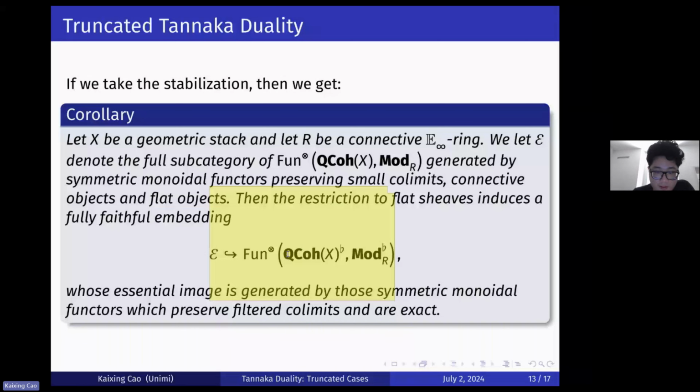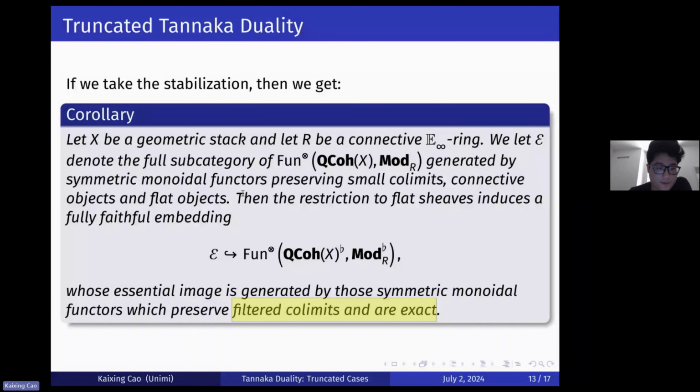This corollary tells us this is also fully faithful, and we can describe the essential image as those symmetric monoidal functors that preserve the filtered colimits and are exact.